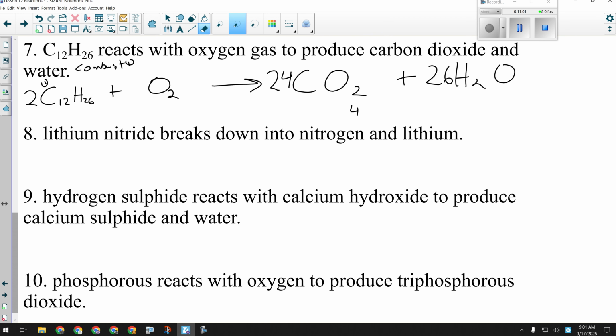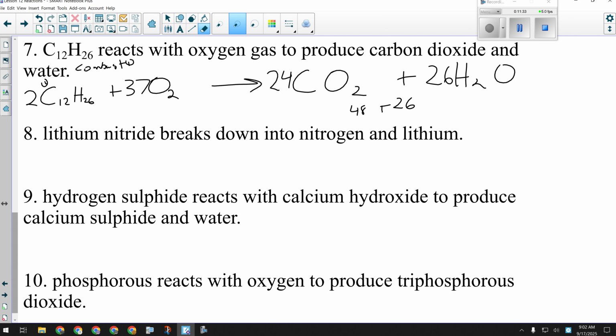So I'm going to have 48 oxygens, 24 times 2. And I'm going to have another 26 on top of that, so 74. Yeah, 74, divided by 2 should be 37. If my mental math is right, you can check me, but I think that's right. Okay, questions on that one? I wouldn't give you one that big on a quiz or a test.